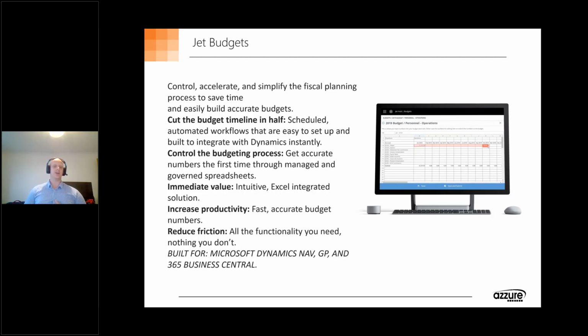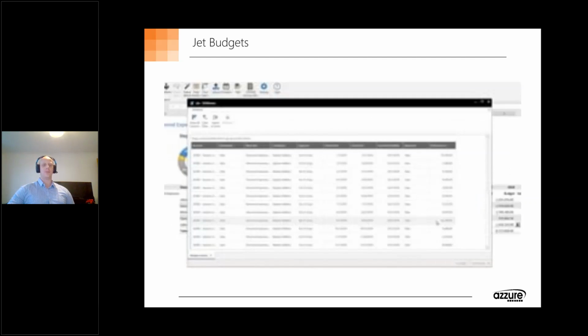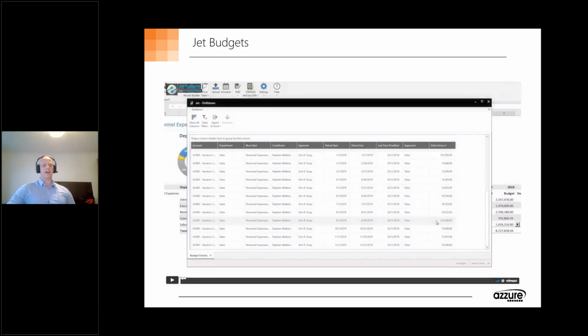It's fast, it's accurate, and by sheer nature of that, your employees are able to do more in less time. This is compatible again with Microsoft Dynamics NAV, GP, and 365 Business Central. I've just got a video for you on Jet Budgets, which we prepared, and we'll go from there.